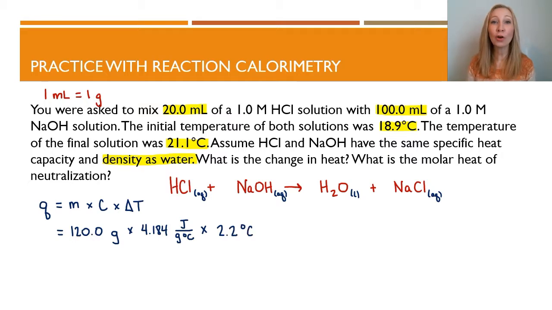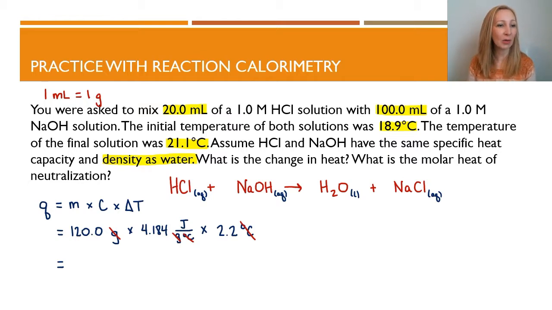The overall amount of energy that the water is gaining is found by taking 120. By the way, I want to show you that I'm canceling out grams and degrees Celsius. So I have 120 times 4.184 times 2.2, and the unit that will remain is going to be joules.